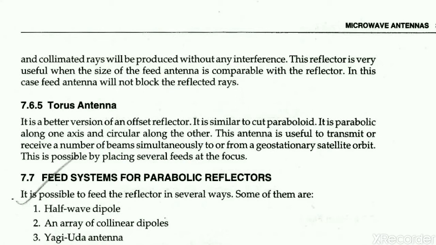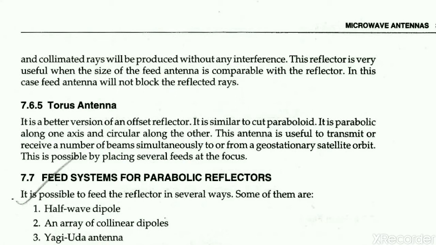It is useful to transmit and receive a number of beams simultaneously to or from a geostationary satellite orbit. So this is the basic application of the torus antenna, and it is possible by placing several feeds at the focus.